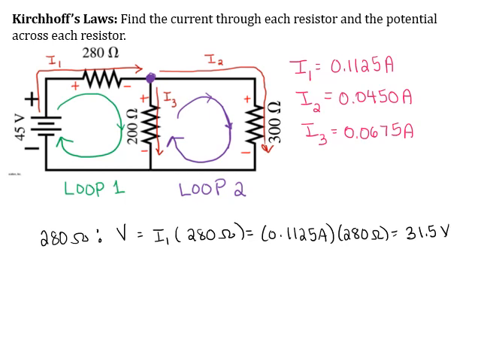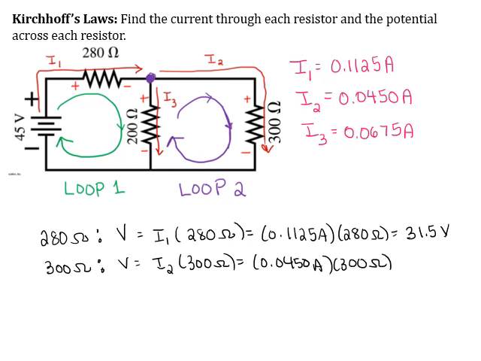And then let's do our 300 ohm resistor next. The potential across our 300 ohm resistor is the current through it times the resistance. Our current I2 is 0.0450 amps times 300 ohms. That turns out to be 13.5 volts.